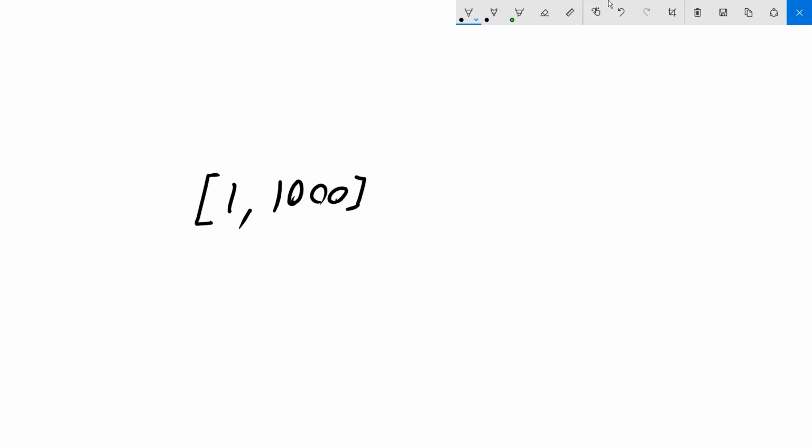So if we imagine this on a number line, we're including 1, so we'll put a solid dot.